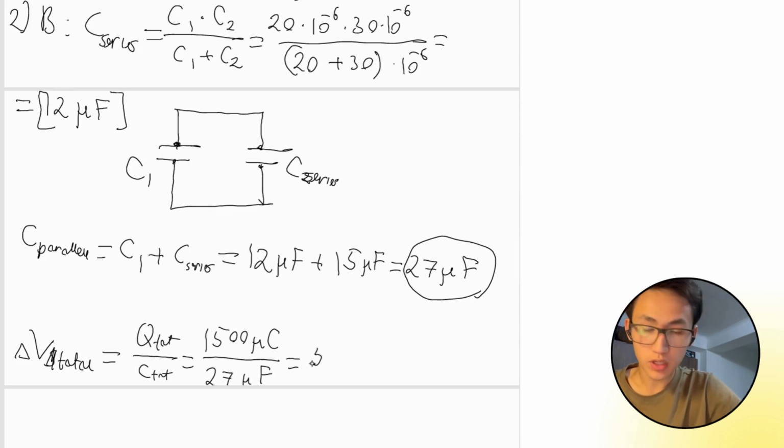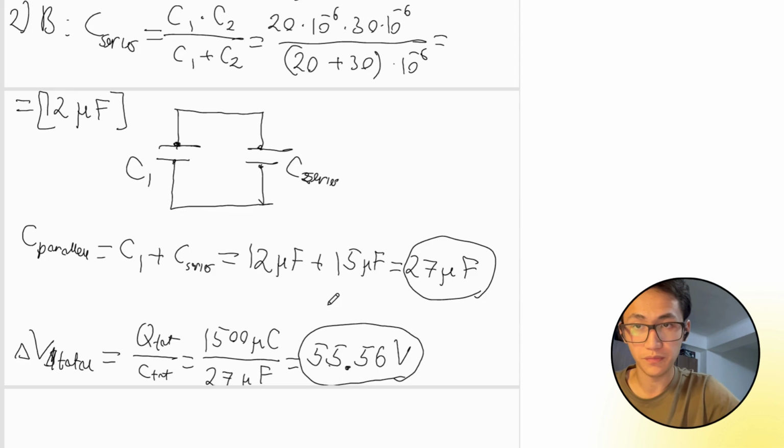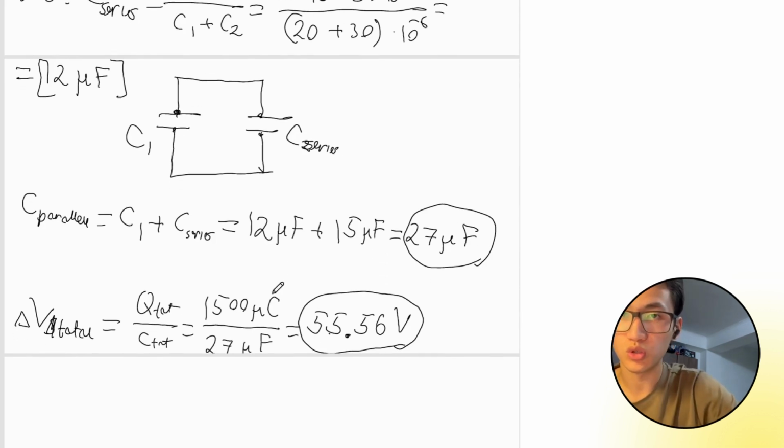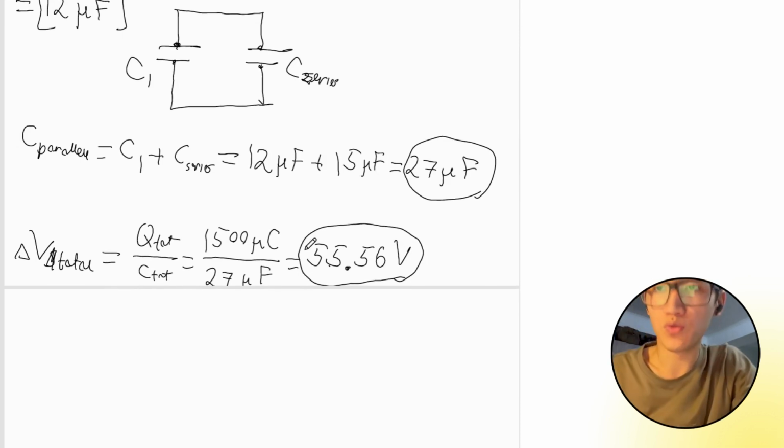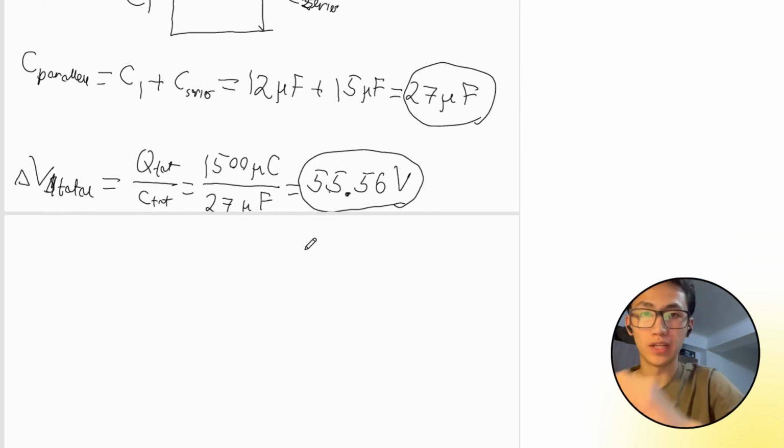From calculations, we can find that it's 55.6 volts. We found the total voltage across this circuit.